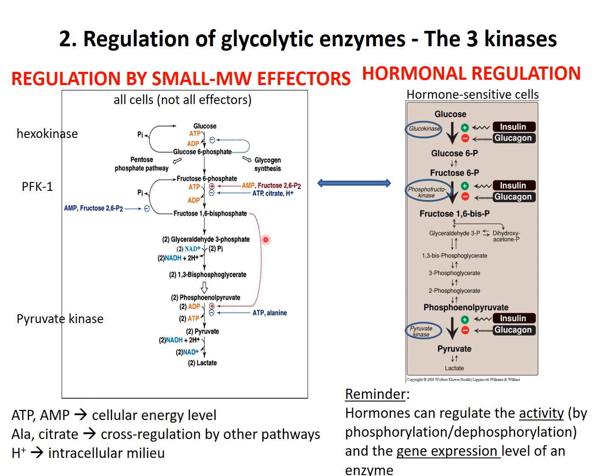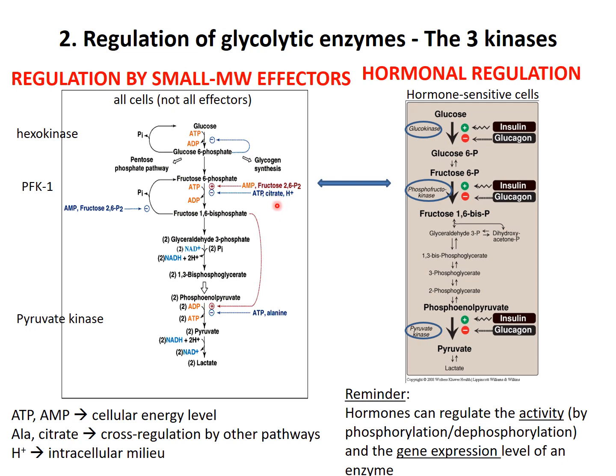Alanine and citrate. So alanine you see here, citrate you see here, which are coming from other metabolic processes. They are sending the signal to stop glycolysis because there is a need for something else. Citrate is coming out of the mitochondria and it signals to the cells that fatty acids are going to be synthesized in the cytosol.